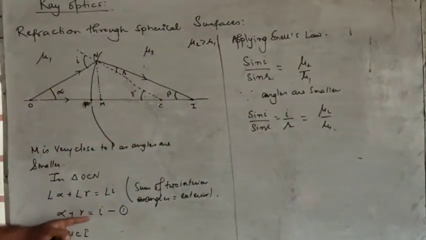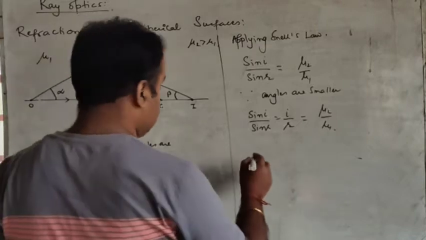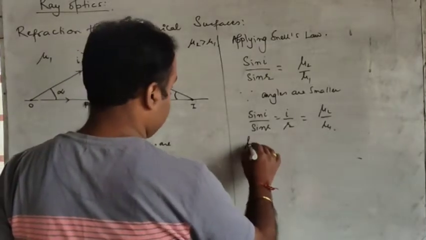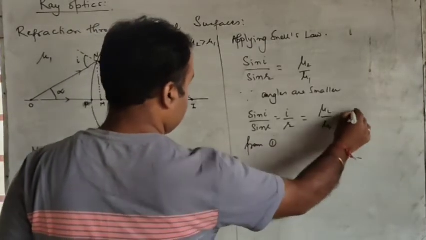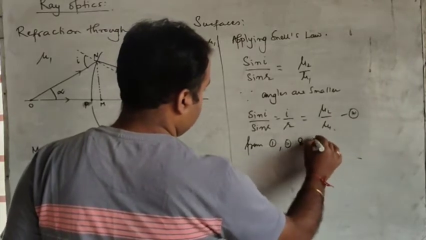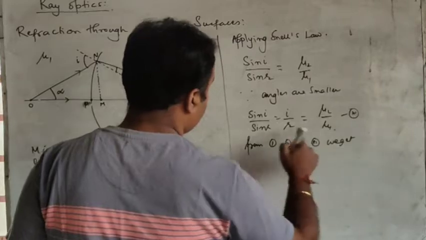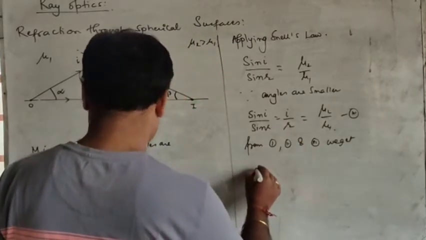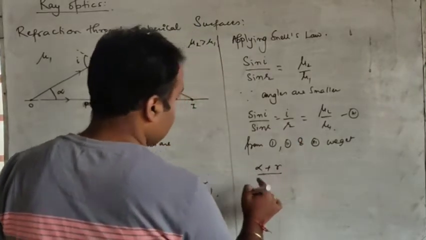From equations 1 and 2, we can replace the values of I and R. What is I? I is nothing but alpha plus gamma. What is R?